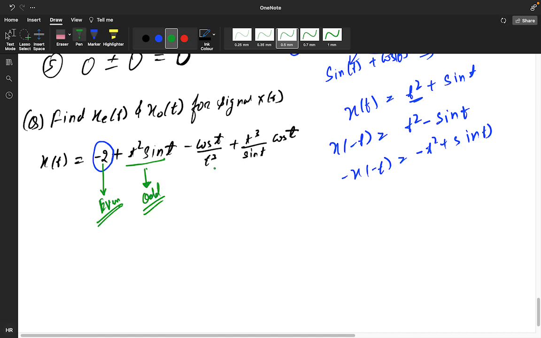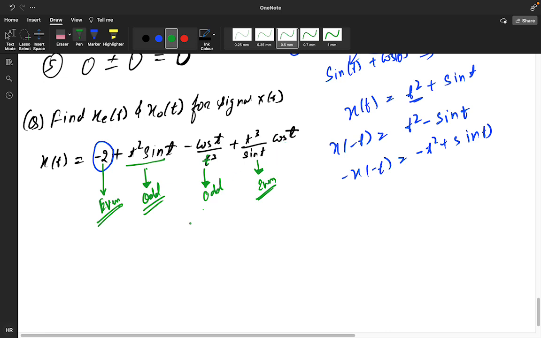Cos t divided by t cube: odd. And t cube divided by sin t: odd by odd is even, and it is multiplied with an even cos t, so it remains even only.